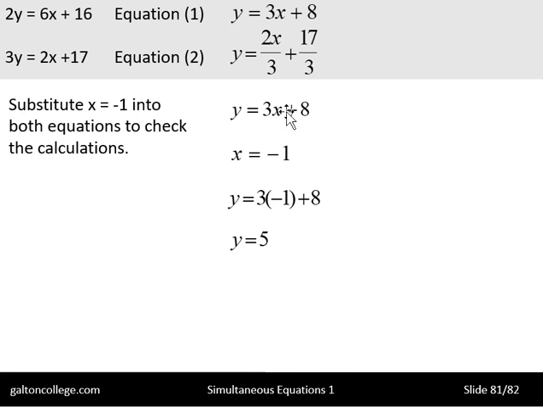So when we go back to our original equations, we've got x equals minus 1 and y equals 5. And that's how we solve simultaneous equations. We've worked out the values of x and y which cause the equations to intersect.